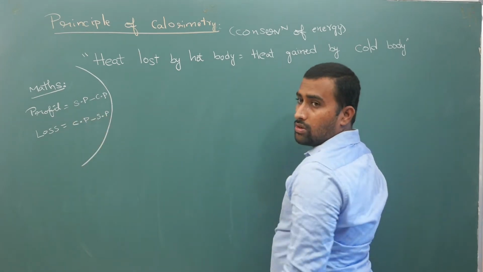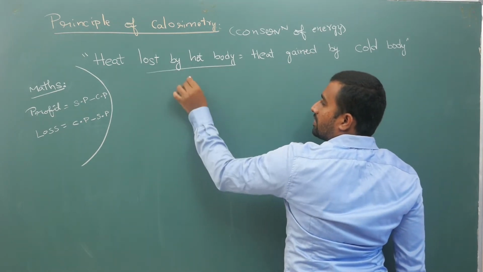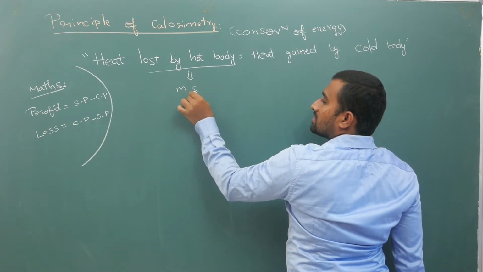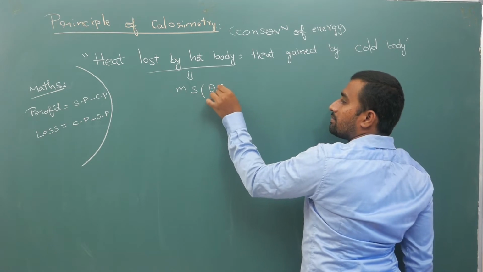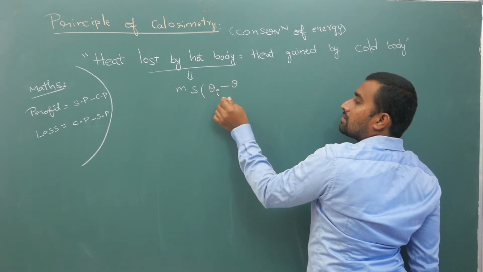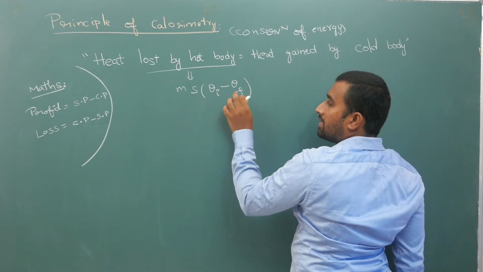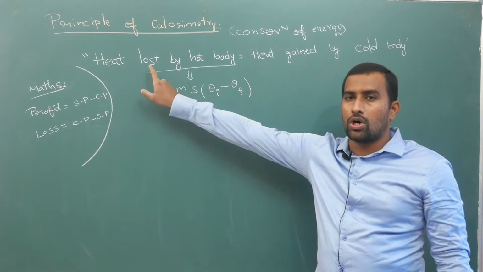So here, heat lost by hot body, when you are writing it, M into S into initial temperature minus final temperature. Initial minus final is what you are supposed to write, because this is loss.